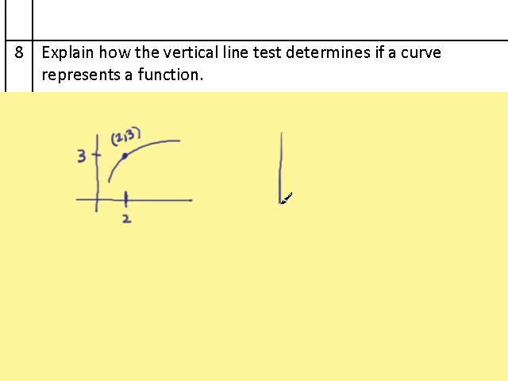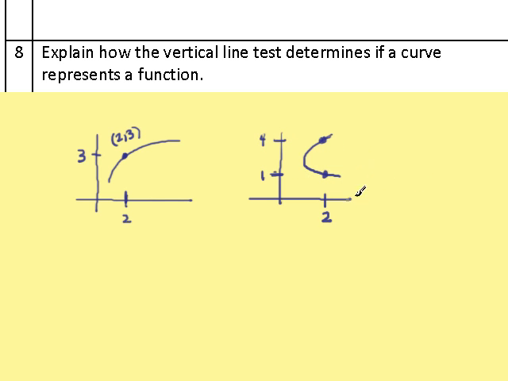All right, now if we have a curve like, let's say this, for example, and if this is 2, and if we look above 2, we see, in this case, we have 2 points that correspond to x equal 2. Let's suppose this is 1, and this is 4.